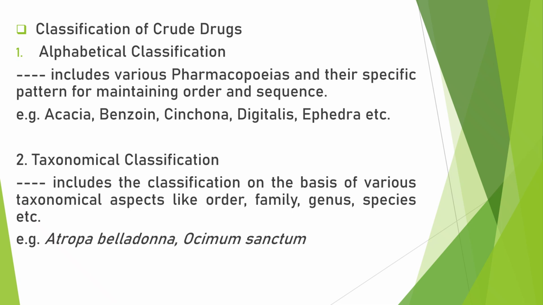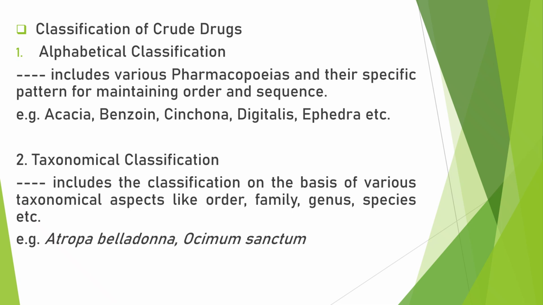Furthermore, the system fails to take into account the chemical nature of active constituents and therapeutic significance of crude drugs. So I have put an example of belladonna, the scientific name of belladonna, Atropa belladonna. The concept came from the taxonomical classification of Atropa belladonna. Similarly for Ocimum sanctum, commonly known as Tulsi.